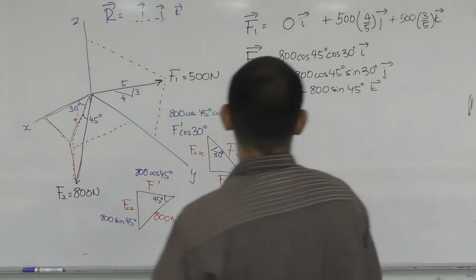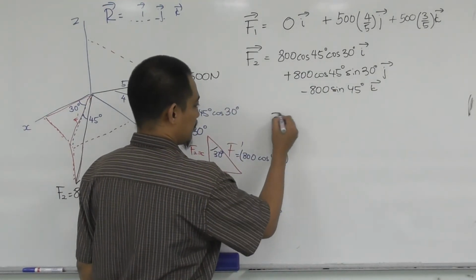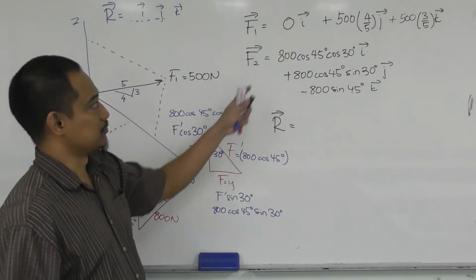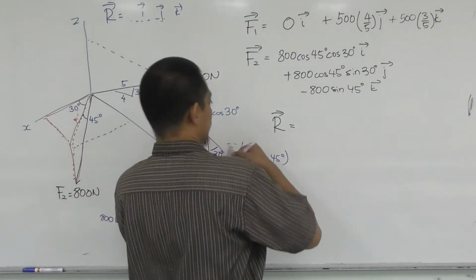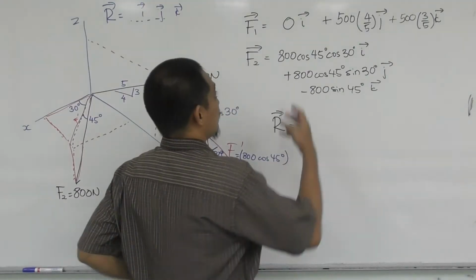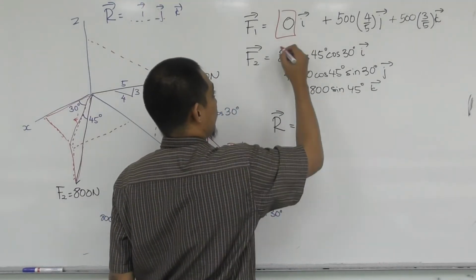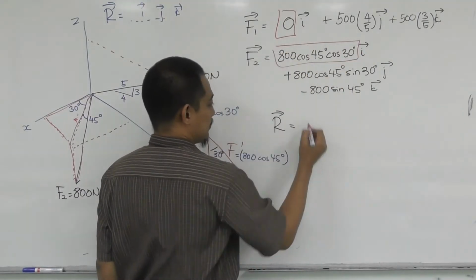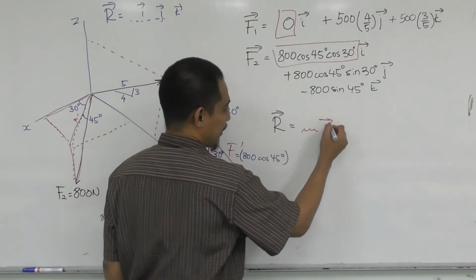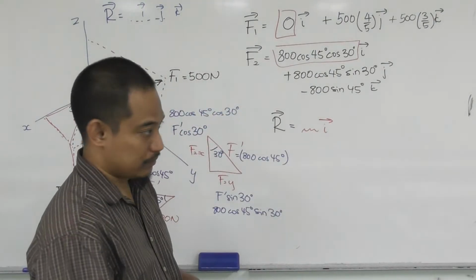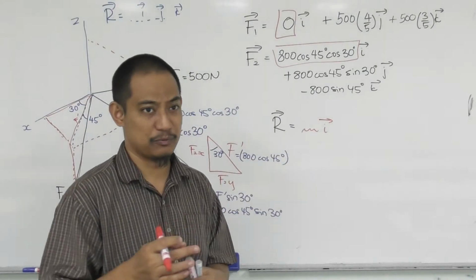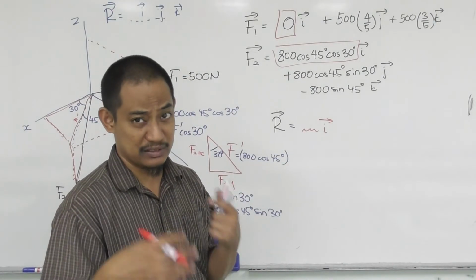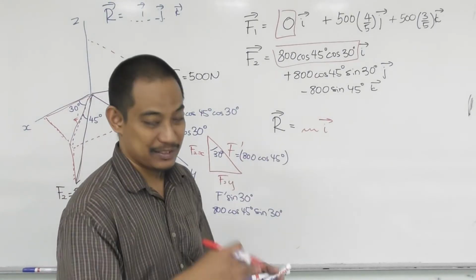Alright, so what is the resultant? Resultant is just addition of these two. So basically for the x component it is 0 plus this component here, you get whatever that is, I. I'm just showing the step because I don't have the calculator and I don't want to spend too much time using the calculator in this video.